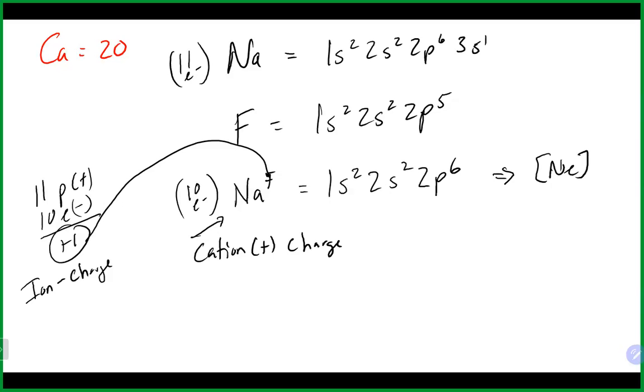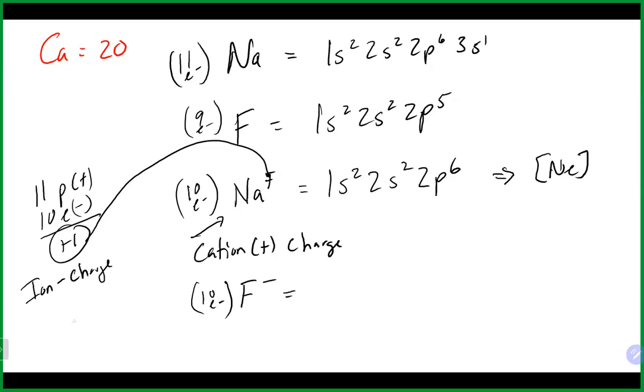Now, if we look at fluorine, fluorine typically will make a negative charge, and it typically will make a -1 charge. And fluorine with no charge, as we can see here, has 9 electrons. And fluorine with a -1 charge actually has 10 electrons.